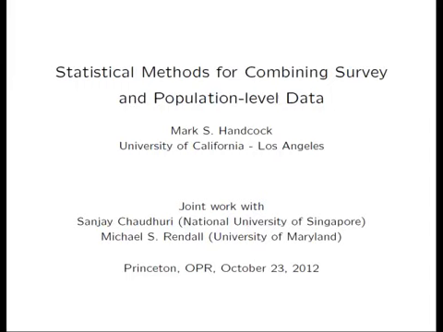I won't be speaking on network methods, which I spend most of my time working on, but on a problem that I've been working on since about a decade ago, based on conversations with Michael Rendell. We were interested in solving demographic problems by combining information from multiple sources.